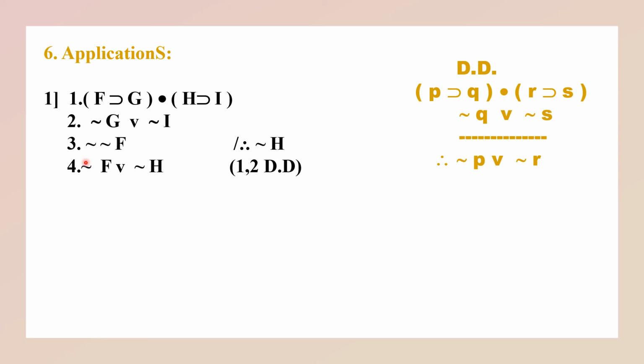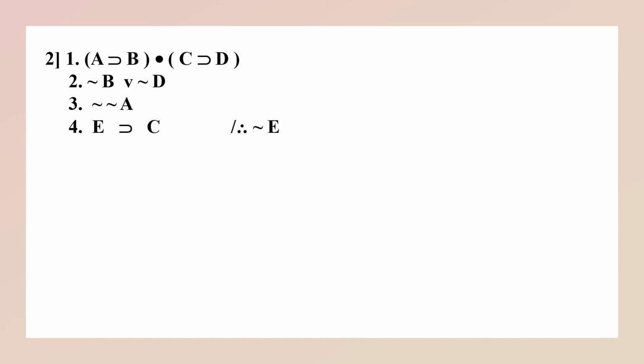Now you can see that it is a disjunctive proposition and the first disjunct is not F. Its negation will be F. So you will get the second disjunct by DS rule. Negation of the first disjunct will give you the second disjunct. So not H you will get, 4 and 3 DS. Thus, validity is established.